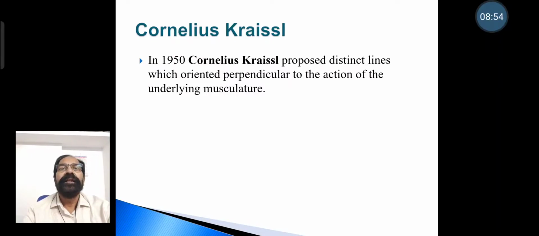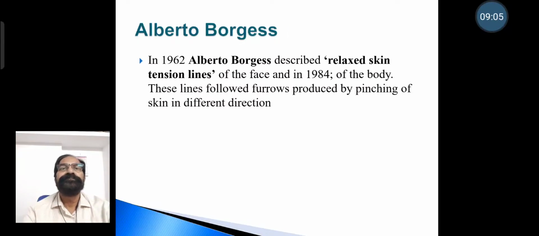Kraissl in 1950 proposed distinct lines which are oriented perpendicular to the action of underlying musculature. Then Borges described relaxed skin tension lines of the face in 1984 and of the body. These lines followed furrows produced by pinching of skin in different directions.